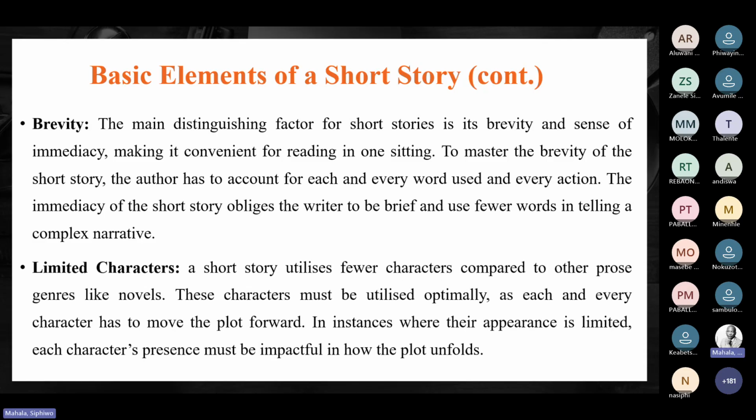And there's also what we spoke about, limited characters. You'll notice that in most of these stories, you won't have more than 5 main characters. Actually, you need at least 3 characters to go on with the story.